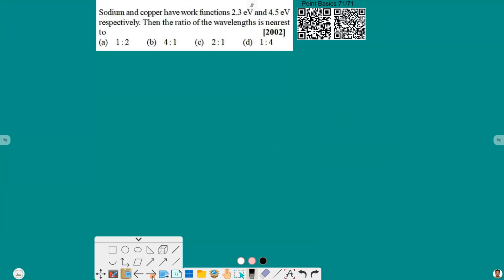Moving to the last one, sodium and copper have work function 2.3 and 4.5 electron volt respectively. The ratio of wavelength is nearest to. So here it is not mentioned which wavelength. So what will we consider? We will consider the threshold wavelength, basically lambda naught.